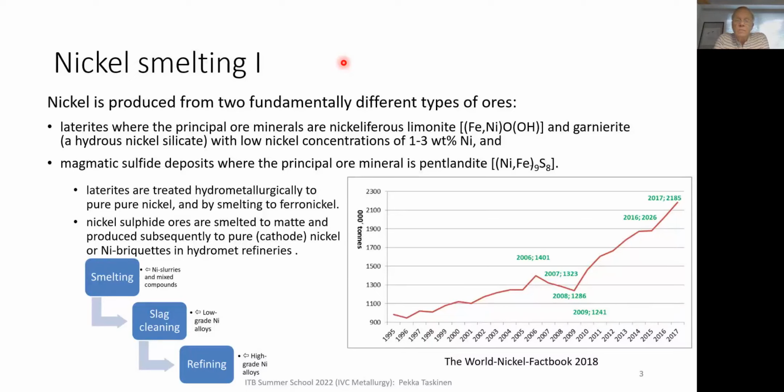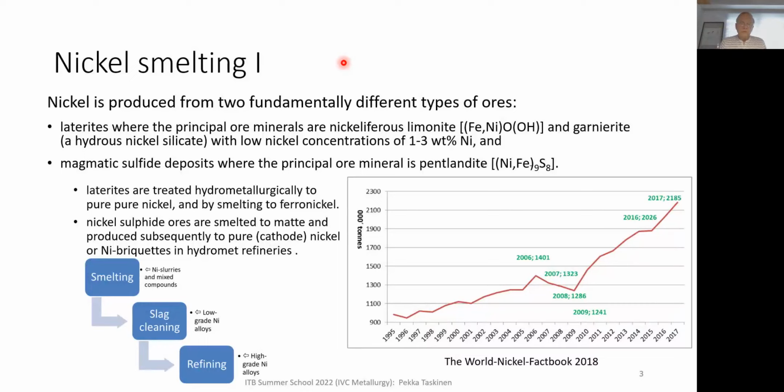A smaller part of nickel is available in magmatic sulfide deposits, which are very unevenly distributed around the world. So we have even continents which don't have nickel ores, and then we have large nickel producers in certain areas.